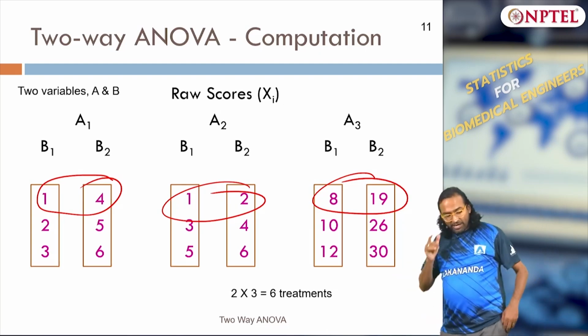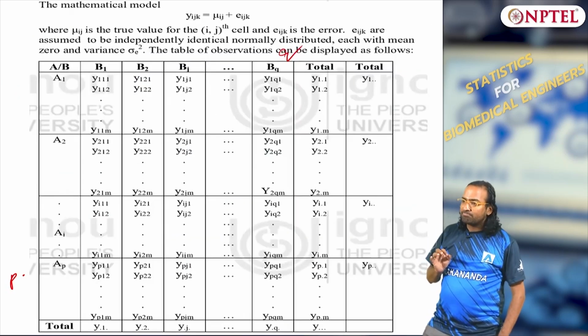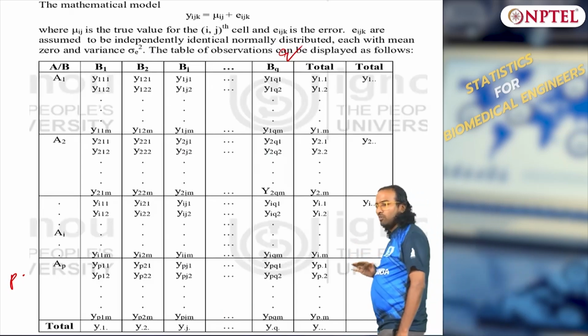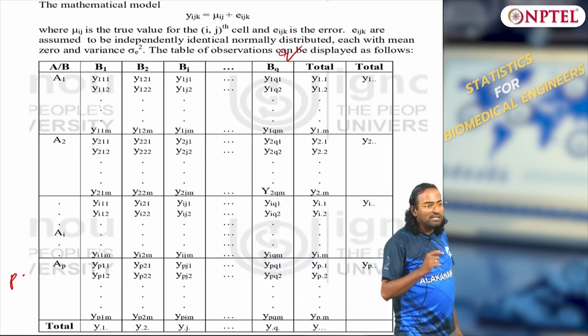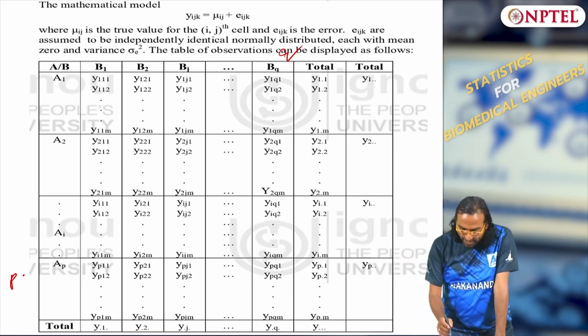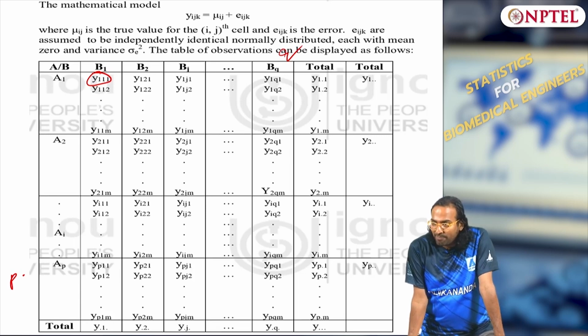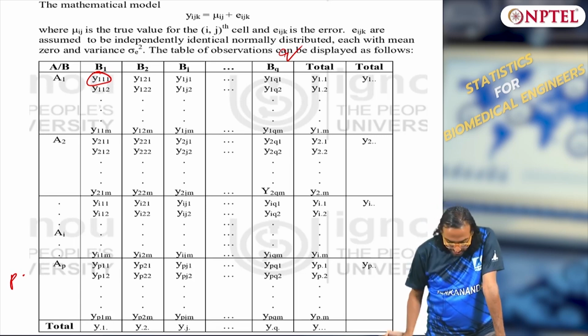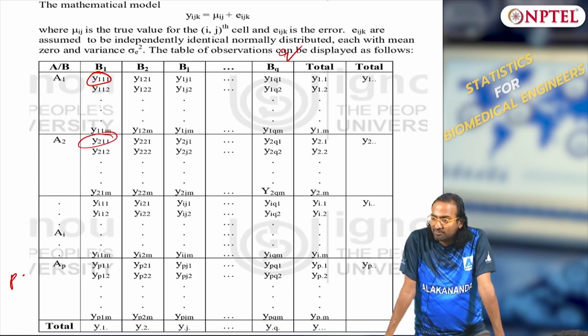So I am going to have 3 indices I, J and K. I is for A, J is for B and K is for replicate. To give you an idea, Y111 indicates what? A1 B1 first replicate. This is Y211, what is Y211? A2 B1 first replicate, first entry.